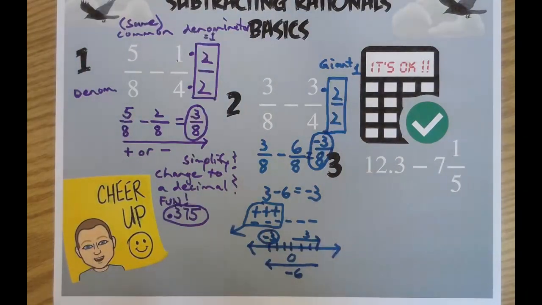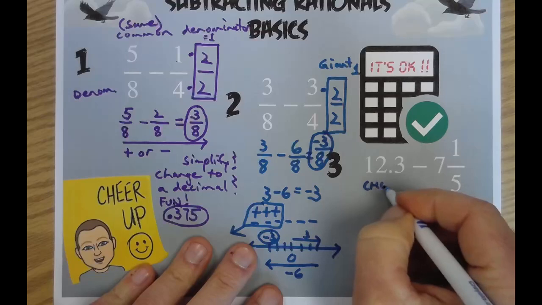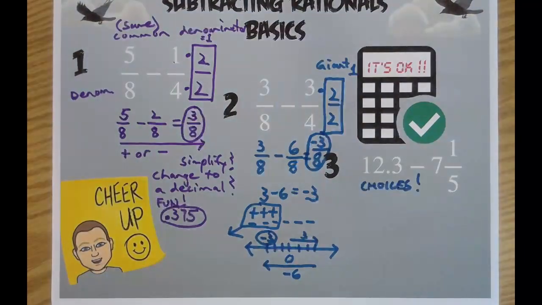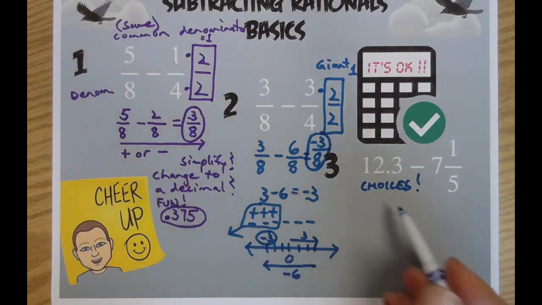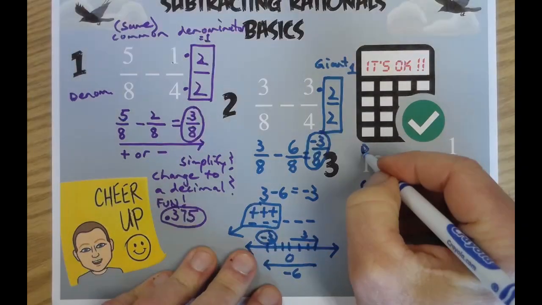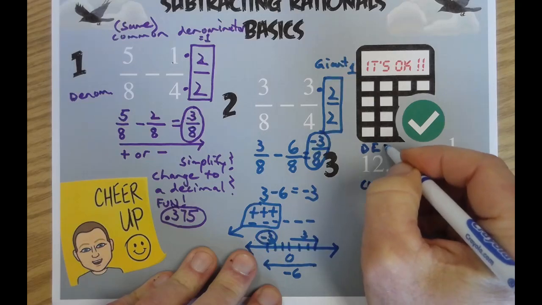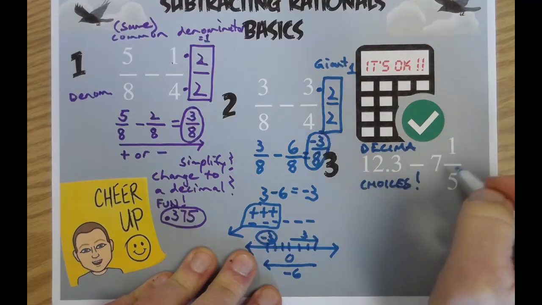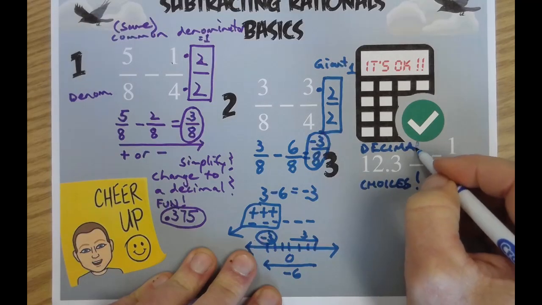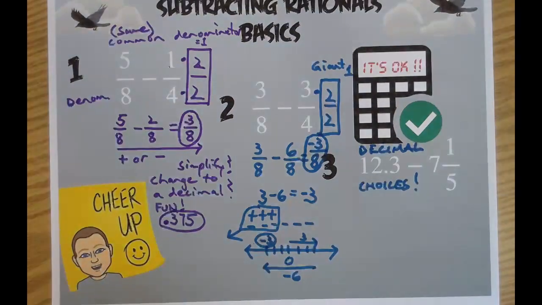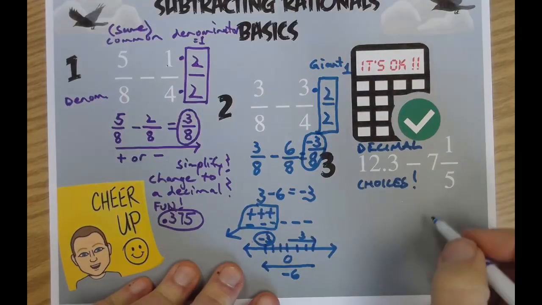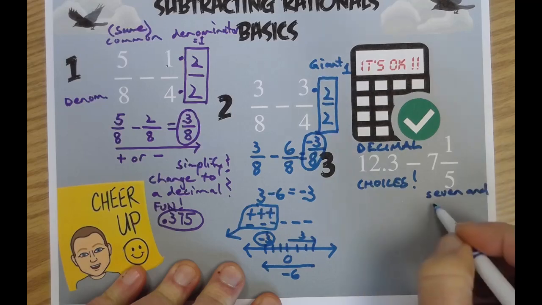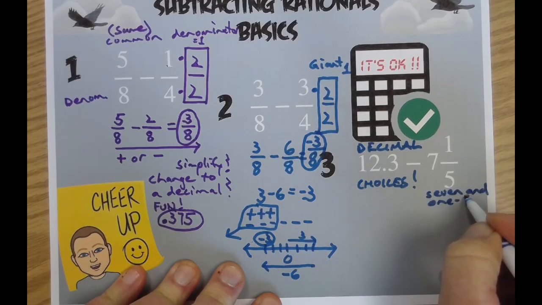And finally, the last one, we have choices. I think since we've done the first two as fractions, why don't we do this one as a decimal? Since it starts that way. Plus, let's check and make sure we know how to make this fraction into a decimal. Okay, this really says 7 1/5. Okay?